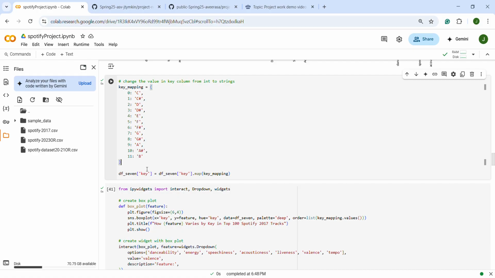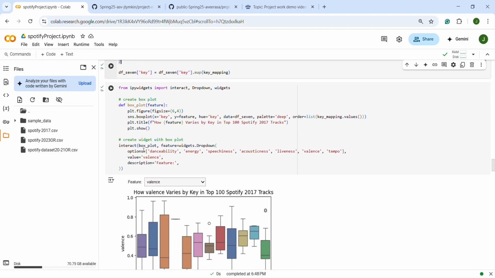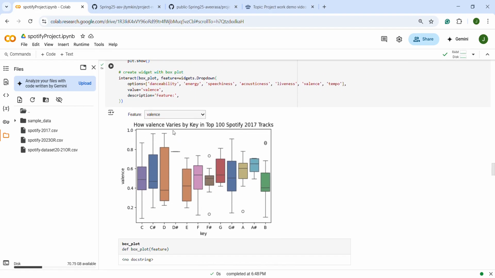They use pitch class notation, so they just tell you what key the song is in. So this just shows you the distribution of a happiness score across different keys. But I think this is still interesting.